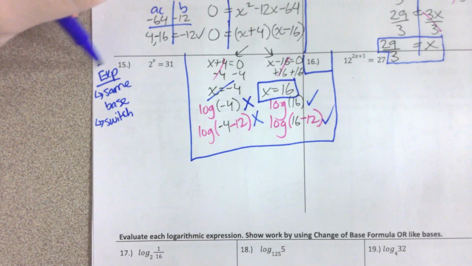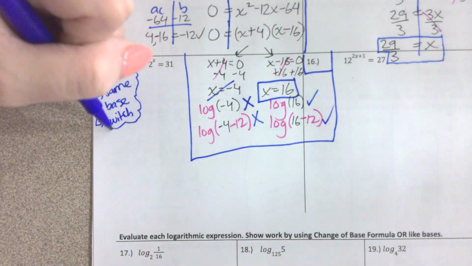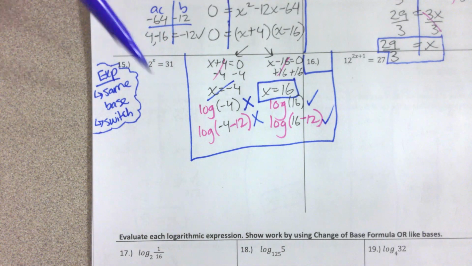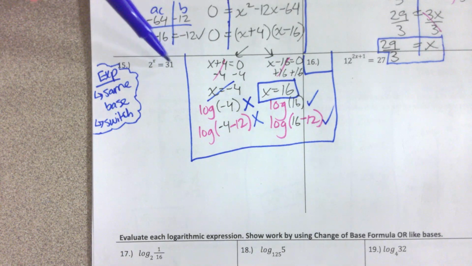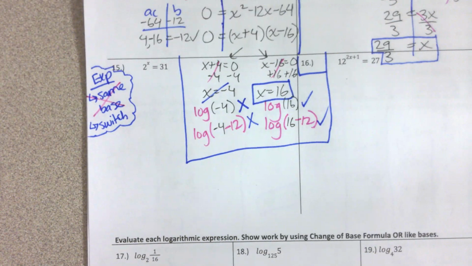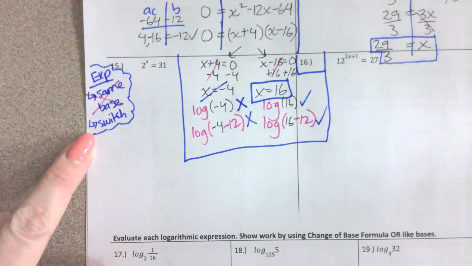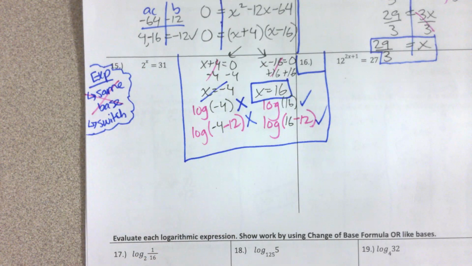Now, on this problem, you don't have a choice on which one you're going to use. 2 to the x and 31. There is no way we can turn a 31 into 2 to the something. 31 is an odd number. Since that is the case we have to switch form. So same base isn't even going to work here. Most of you will probably want to switch form anyway here because that's a very quick problem.